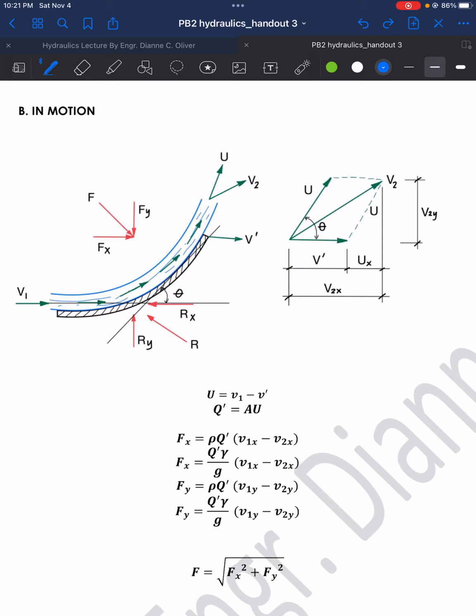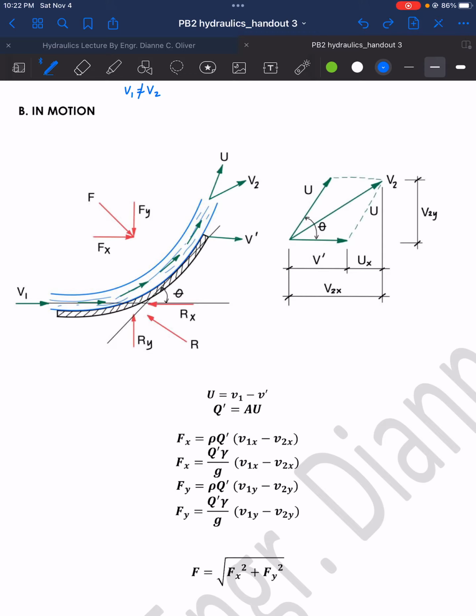So V1 is not equal to V2. V1 is our absolute velocity of the jet before it enters the vane, or the initial velocity of the jet, and V2 is the absolute velocity of the jet as it leaves the vane.